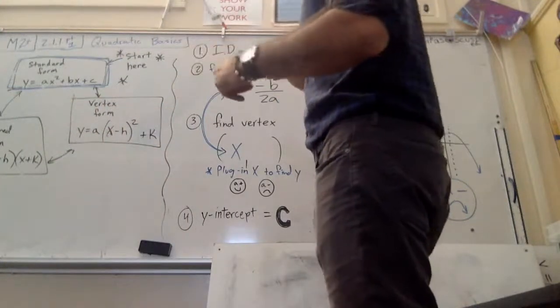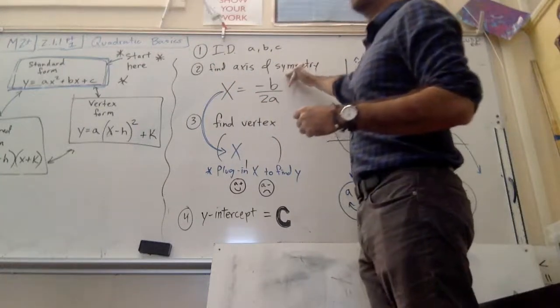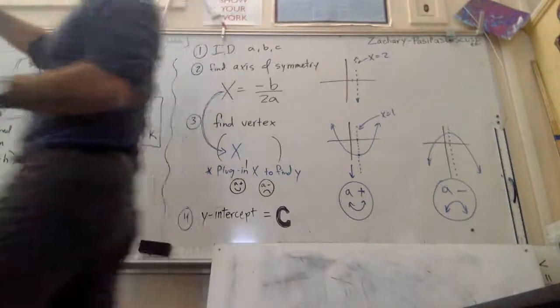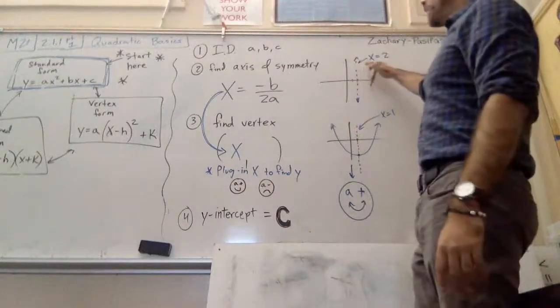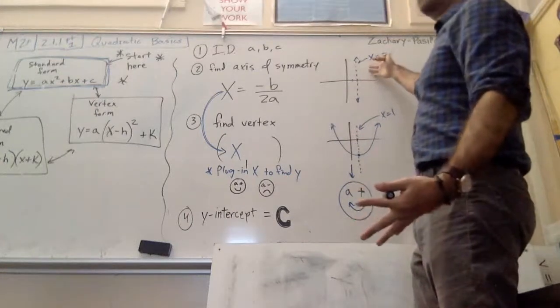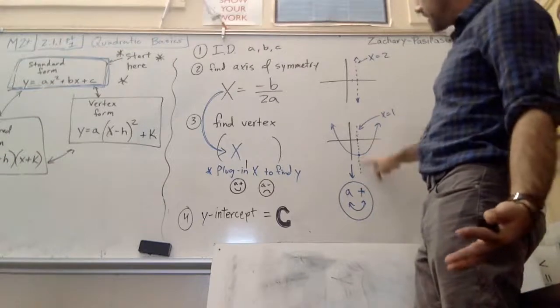Now, first step to be able to graph this is to find the axis of symmetry. I did that with the laser, remember, with our parent function x squared. It was right in the middle, right? Once you find the axis of symmetry, then you're in pretty good shape to find the vertex, because the vertex is on that line of symmetry.